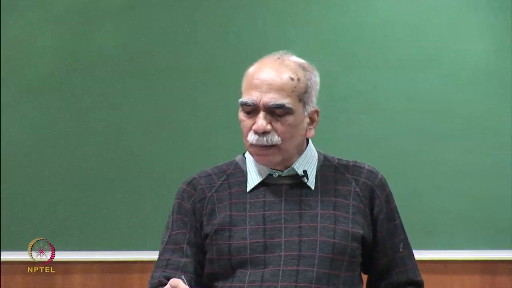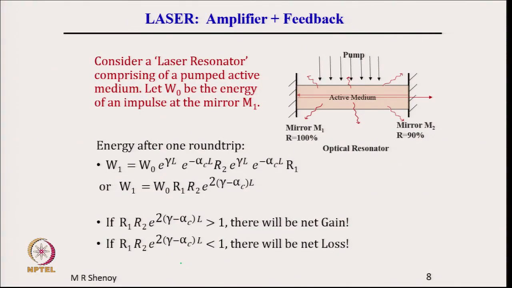So, laser is amplifier plus feedback. Consider a laser resonator comprising a pumped active medium. What is shown here is the active medium, and we have shown the mirrors as if they are coated right at the end of the active medium.